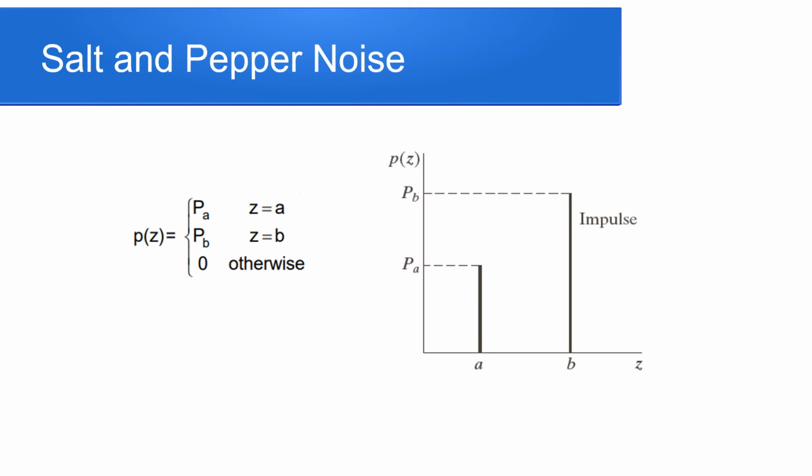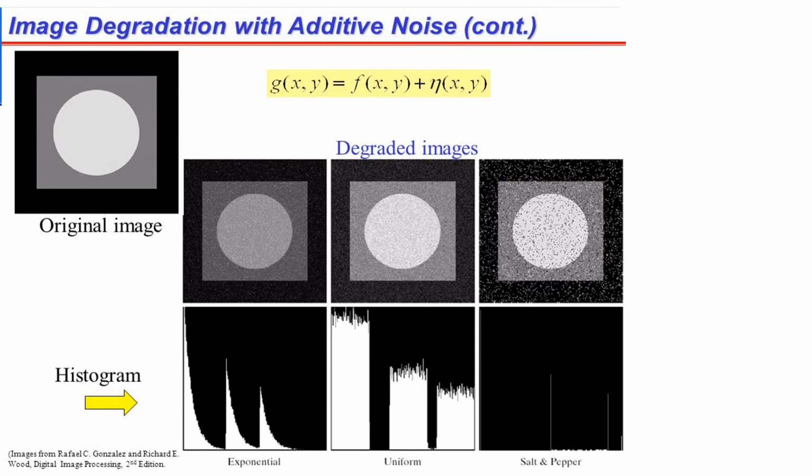Example, in a camera sensor, one pixel is not giving any signal, that is pepper noise, and it is shown by black. So histograms can be used to identify what kind of noise is present in the image. Here you can see for the first image, the shape of the histogram is similar to the PDF of exponential noise.